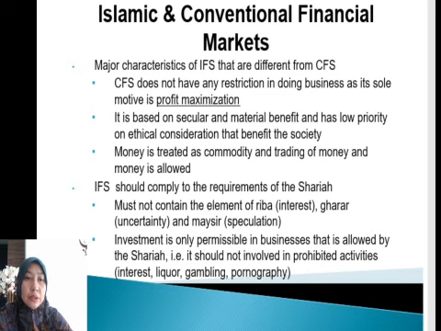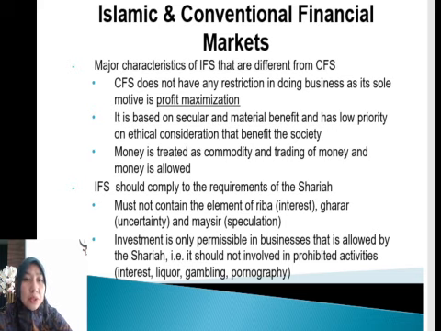For the Islamic financial market, we can't do anything in order to maximize profit. The profit that we gain must be, maksudnya, we have to acquire the profit in a proper way, following the Islamic rules.